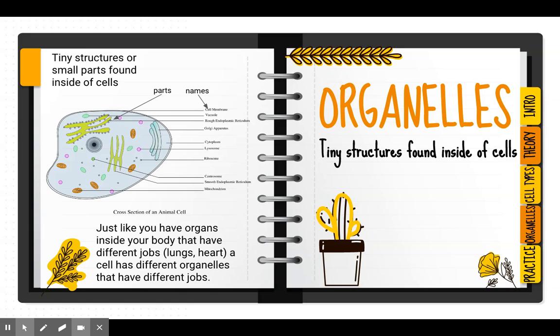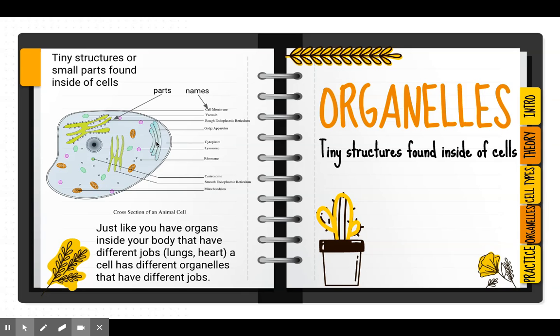But cells are made up of different things too. The tiny structures found inside cells are called organelles. They each have their own jobs, and we're going to learn all about them. We've got things like the nucleus and mitochondria, and we've got lysosomes and Golgi apparatus and all kinds of different things.